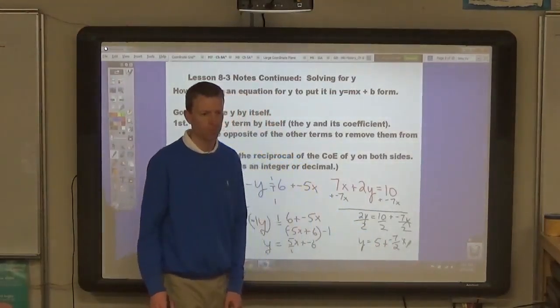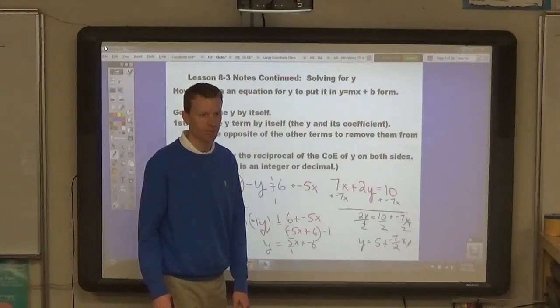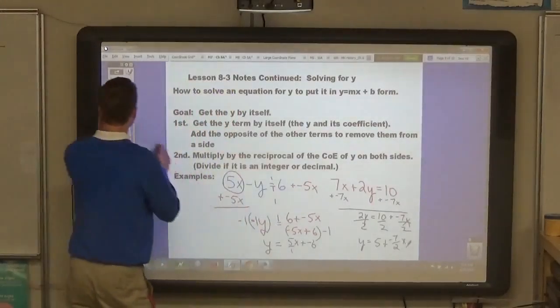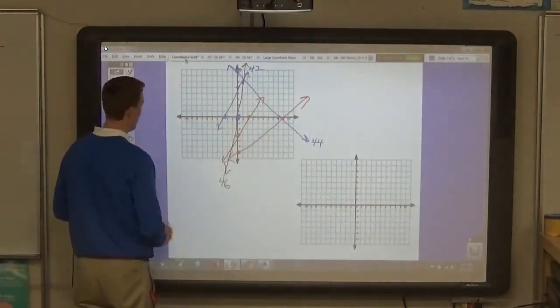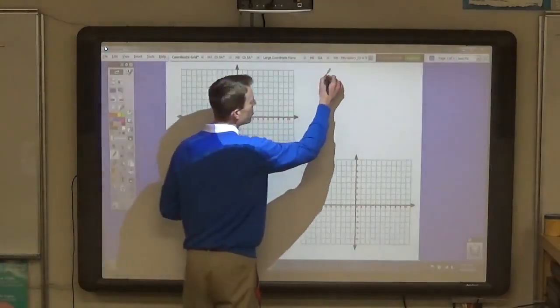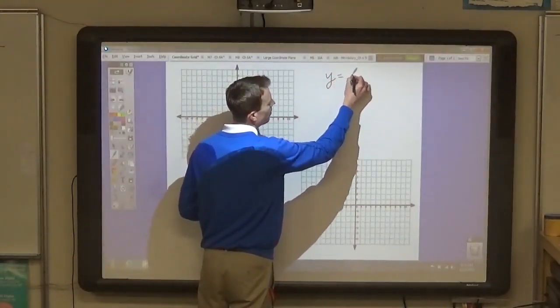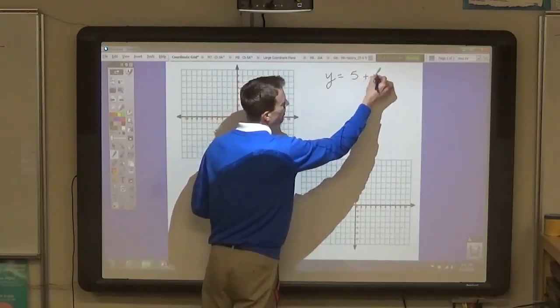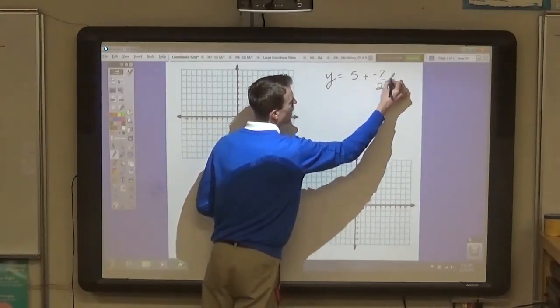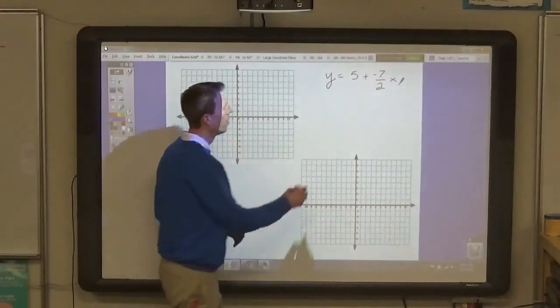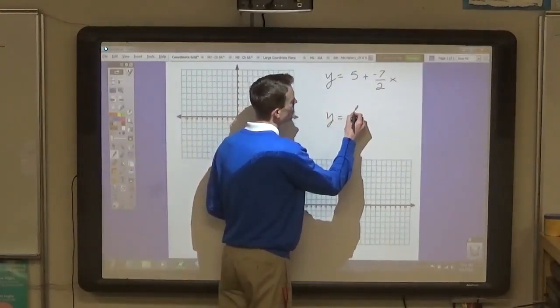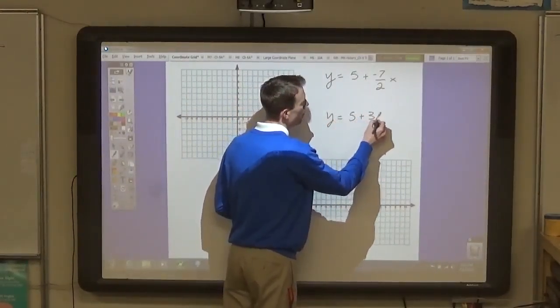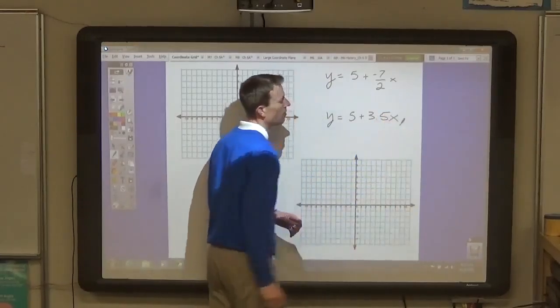It's the same thing, in the same spot. Well, let's try it. The equation was y equals 5 plus negative 7 over 2x, or y equals 5 plus negative 3.5x.